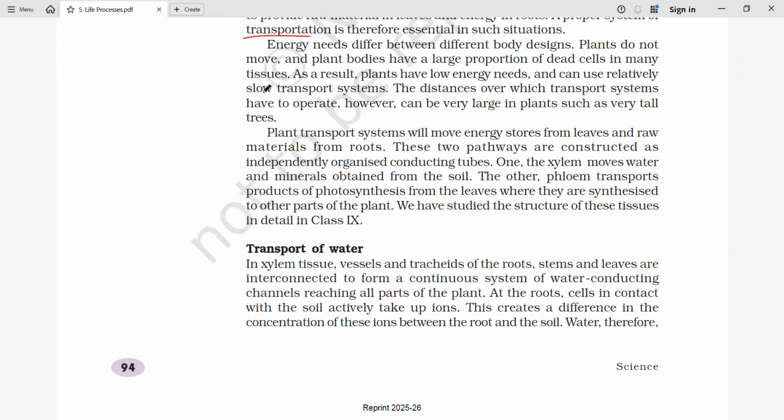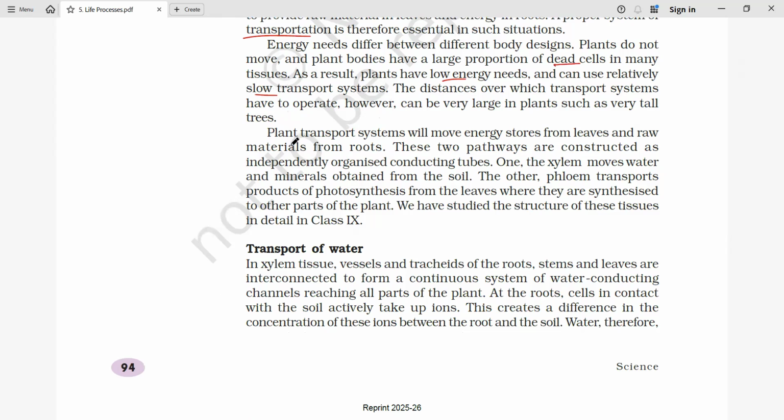Energy needs are different for different plants. Plants also have some dead cells in many tissues, and those portions require low energy, so there will be slow transport.